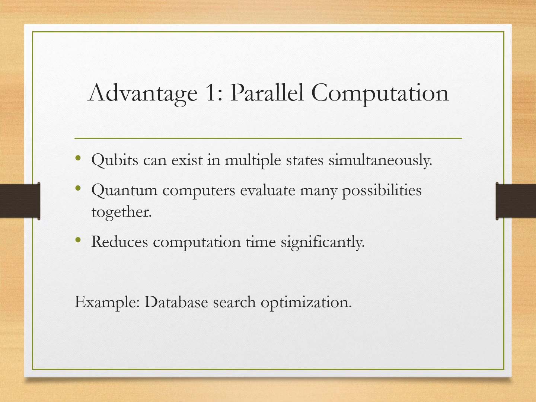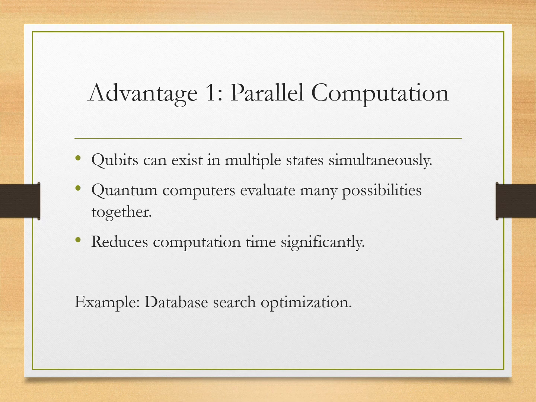The main idea mathematically is that for n qubits, there are 2 power n states that can exist simultaneously. For example, if there are 2 qubits, the possibility will be 4 states. If it is 3 qubits, the possibility will be 8 states.